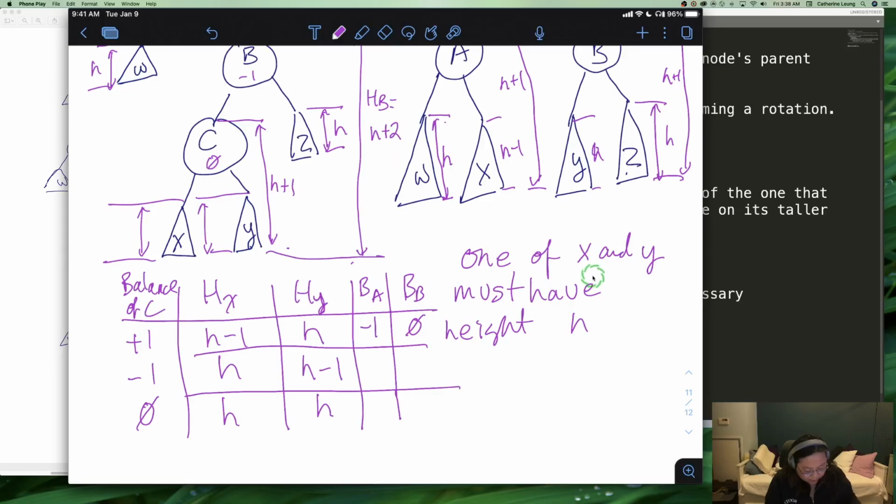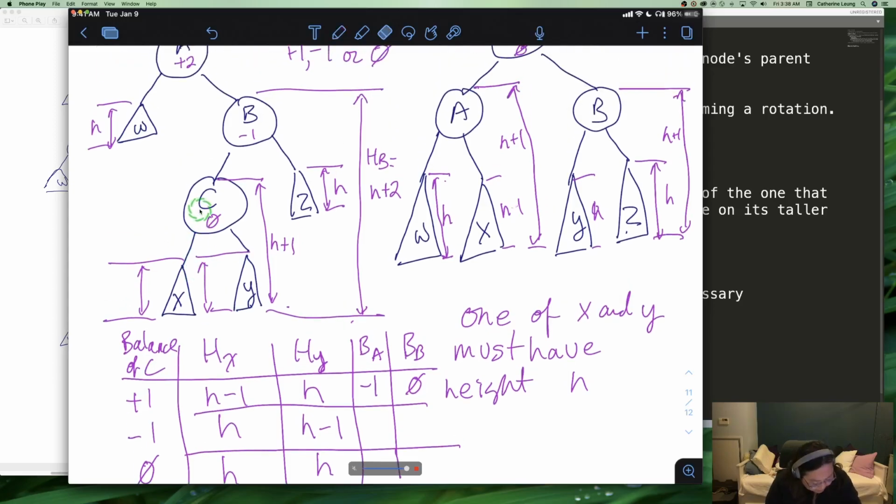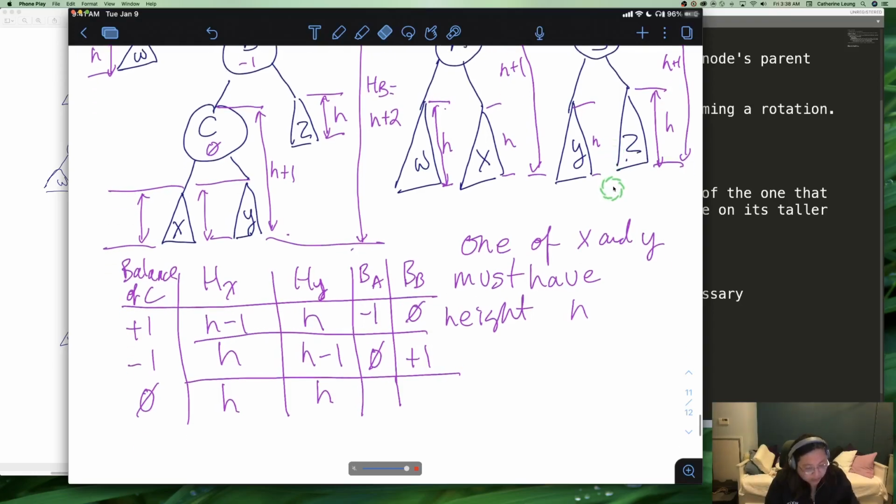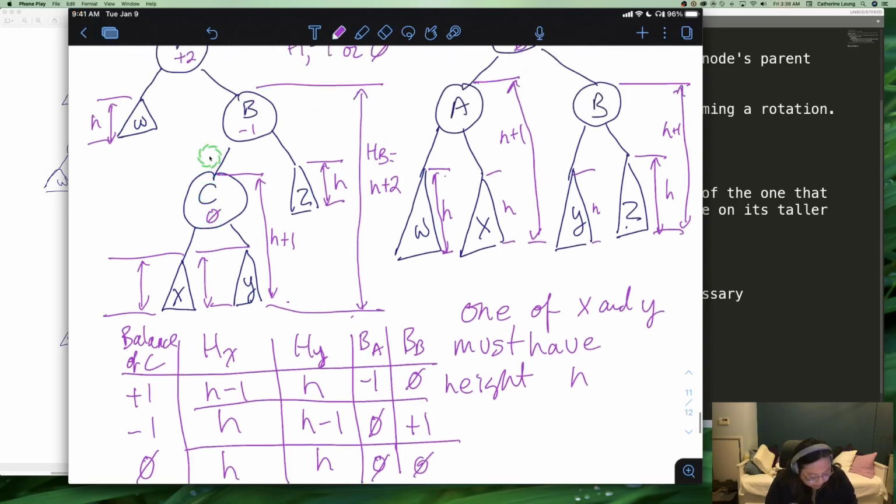If C had started out as minus 1, so X was taller, then we would end up with h over here and h minus 1 over here. So the balance of A would be 0, and the balance of B would be positive 1. Z's taller than Y. Now, if both A and B are h, in other words, the balance of C started at 0, then the balance afterwards is going to be 0 at both A and B.